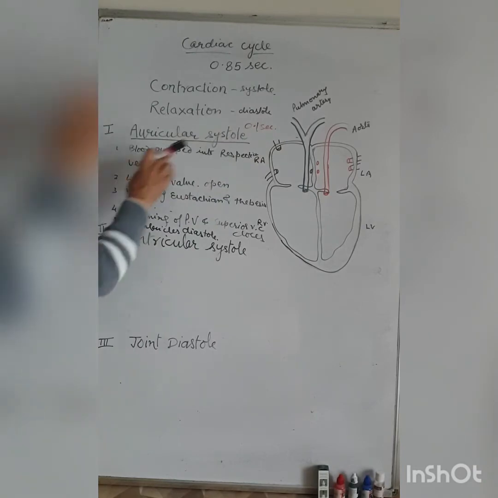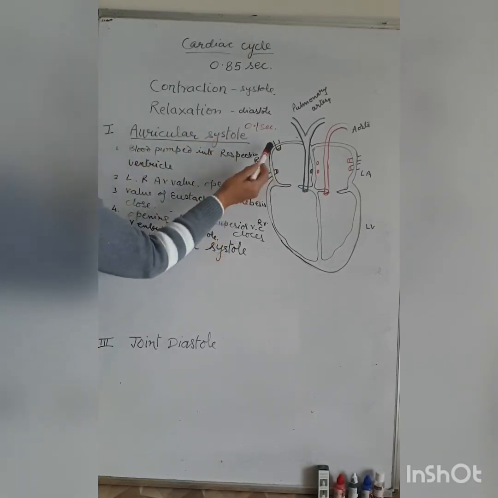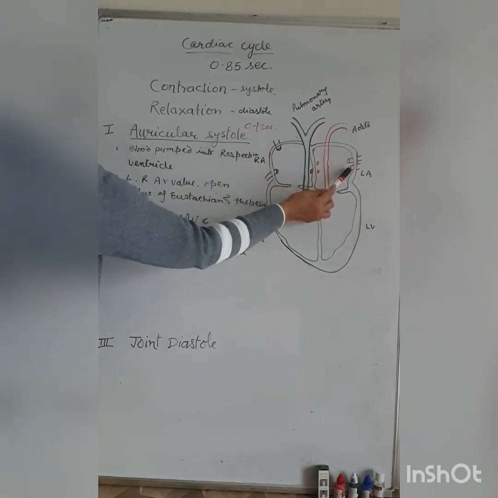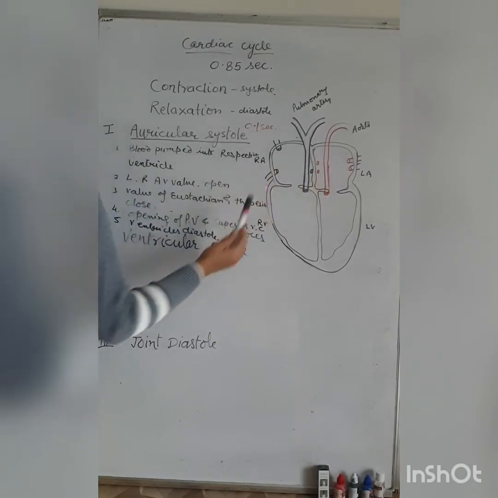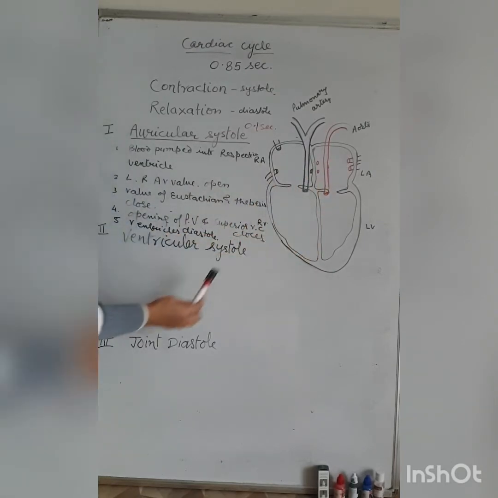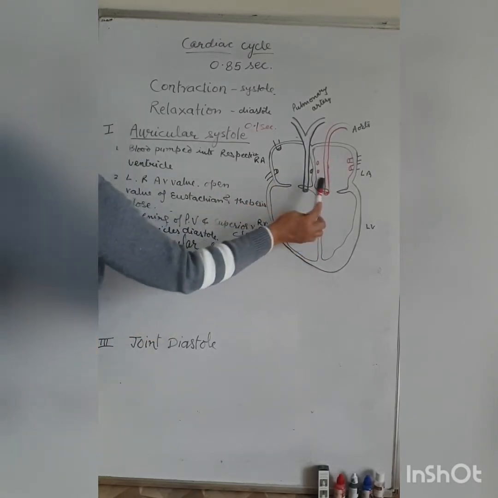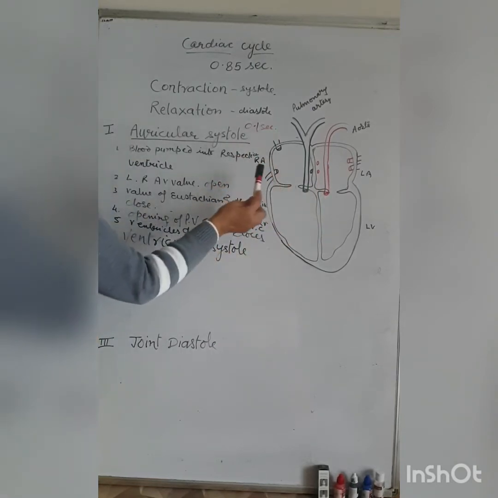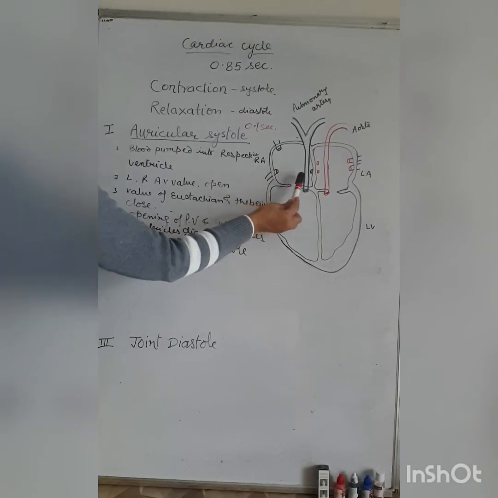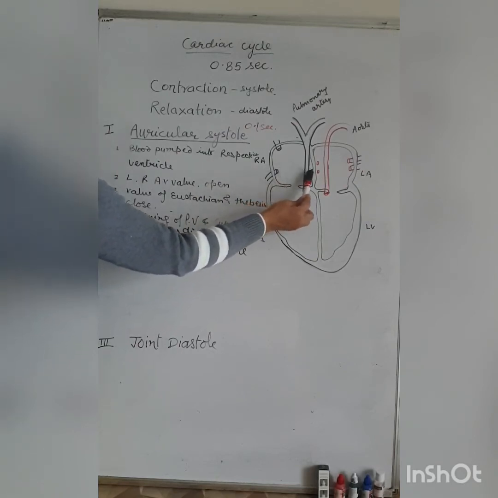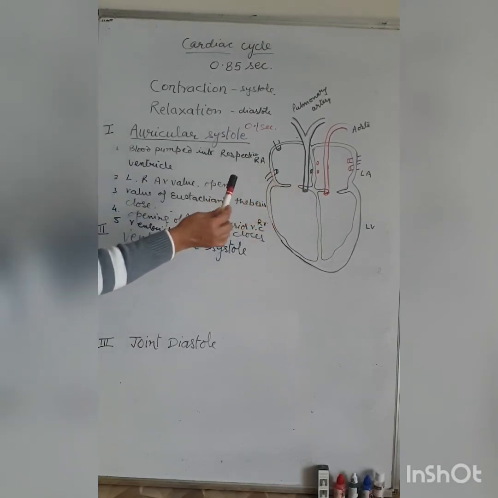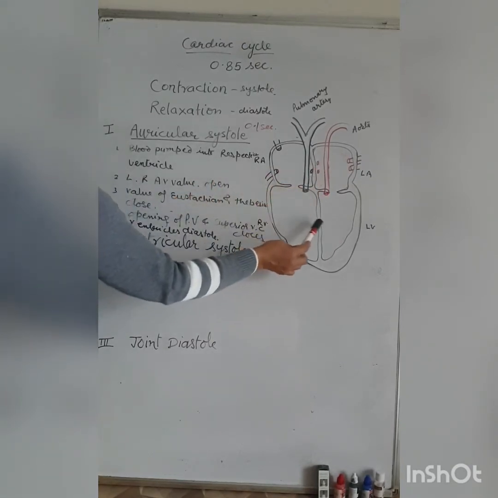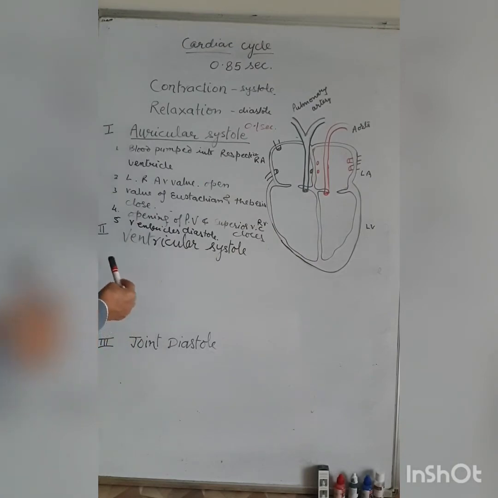To repeat these events: the superior vena cava and the pulmonary vein open, the ventricles are in diastole, the atrioventricular valves are closed, the valves of Eustachian and Thebesian are closed, and the blood is pumped into the respective ventricles.